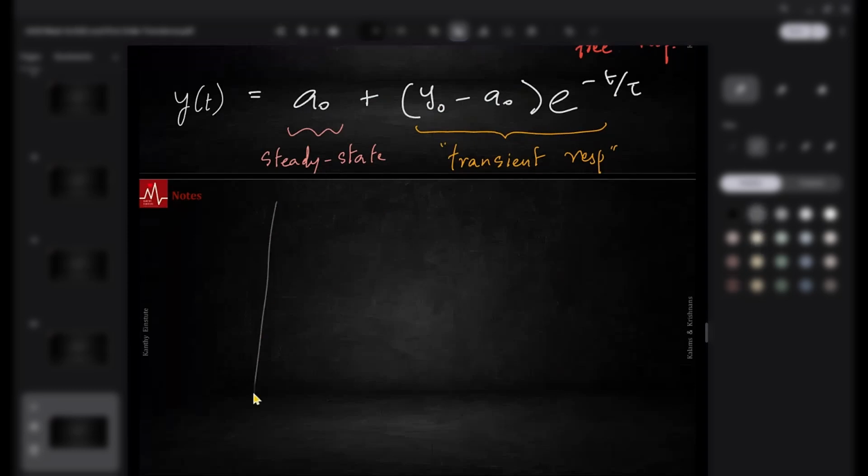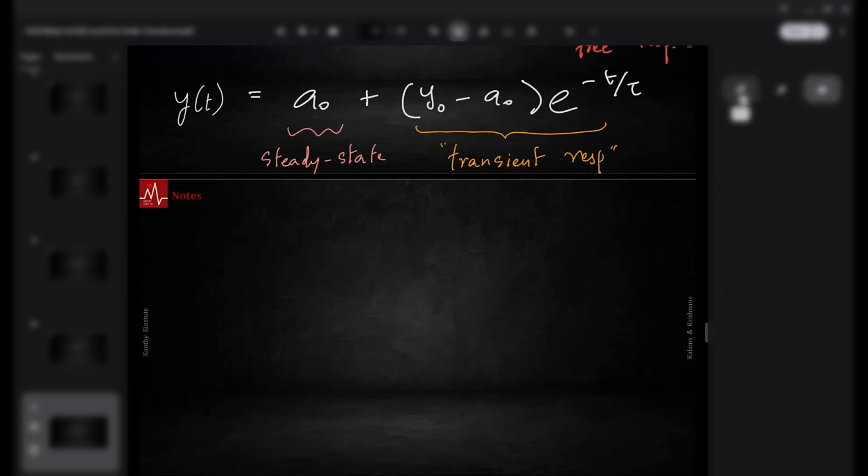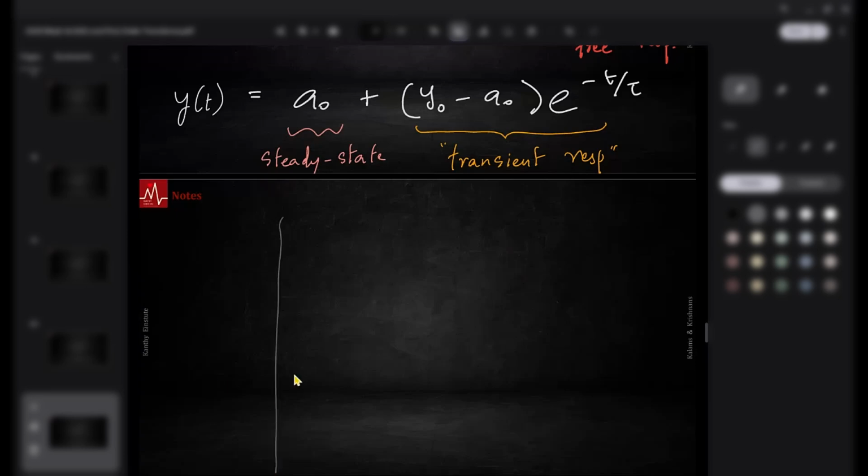If you plot this, the function is going to be this. Not as equilibrium value. Not as initial value. It's always going to go to a naught.